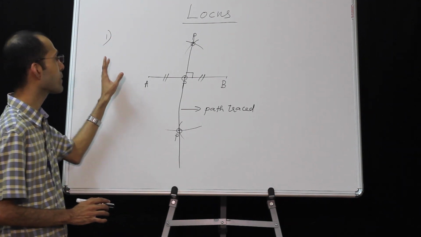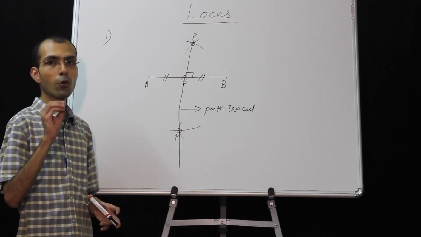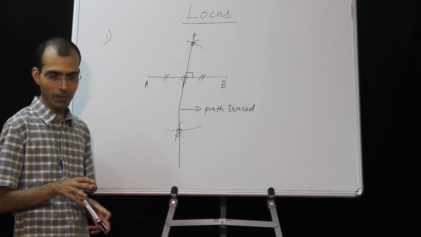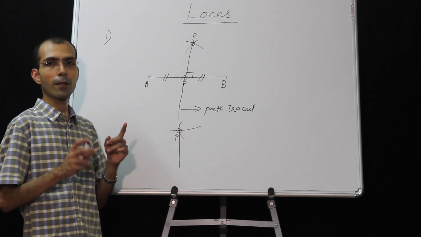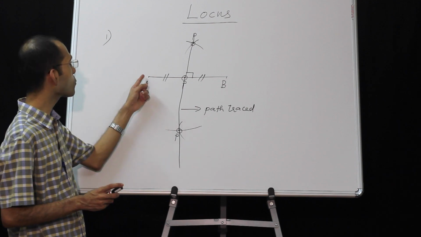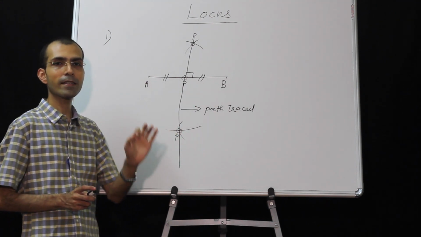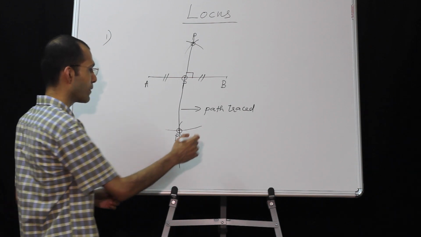So this is our first concept in locus, where the locus of a point means the path traced by the point. So again, the locus of a point equidistant from two fixed points is the perpendicular bisector. So I will write it here.